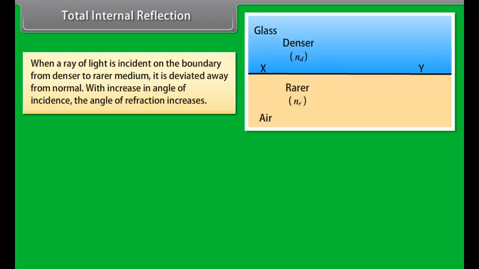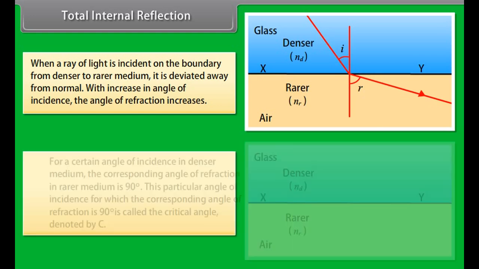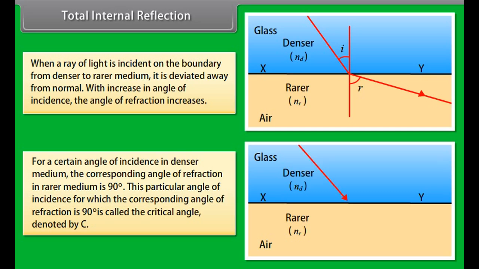Total internal reflection. When a ray of light is incident on the boundary from a denser to a rarer medium, it is deviated away from the normal. With an increase in the angle of incidence, the angle of refraction increases. For a certain angle of incidence in the denser medium, the corresponding angle of refraction in the rarer medium is 90 degrees.